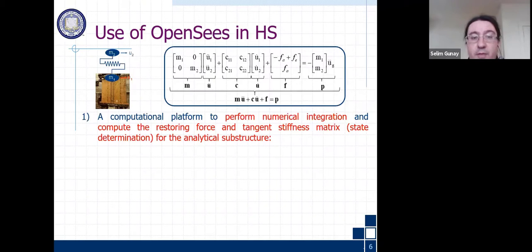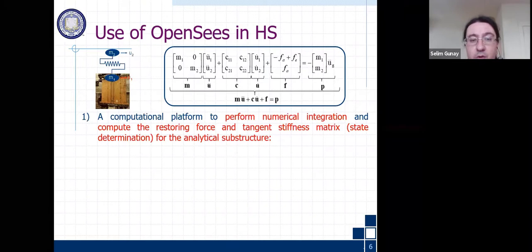The first one is obviously a computational platform to conduct this numerical integration, let's say the explicit numerical integration. And also we need this computational platform to compute the restoring force for the analytical substructure, as we have seen in the previous slide.